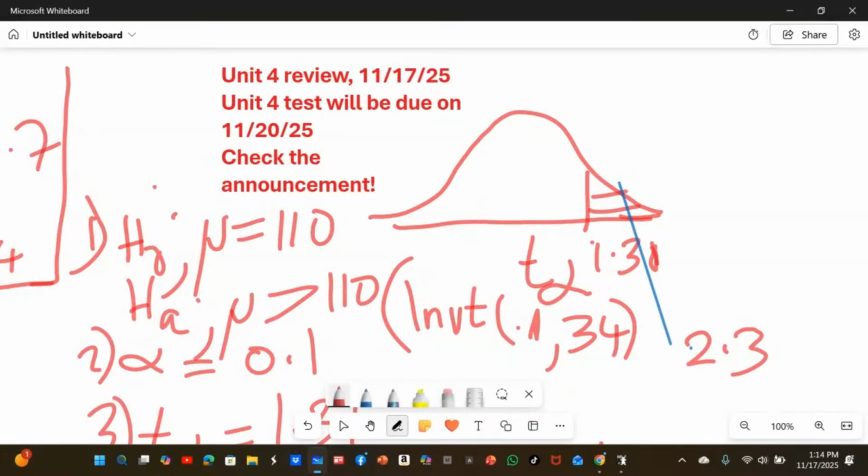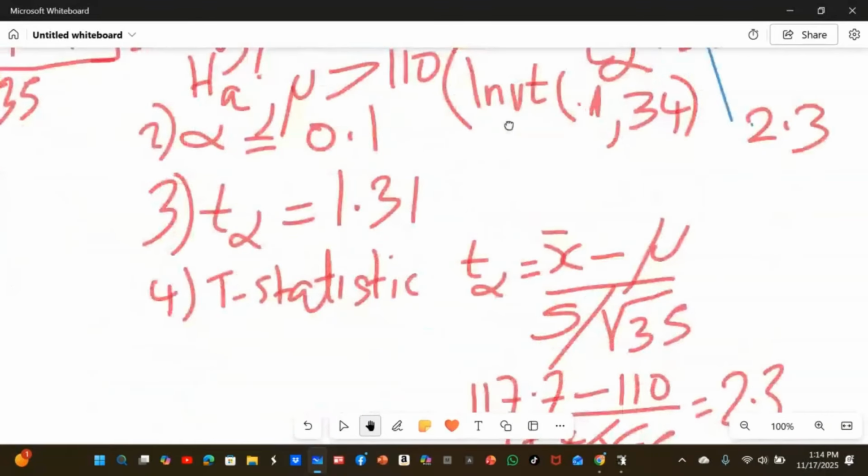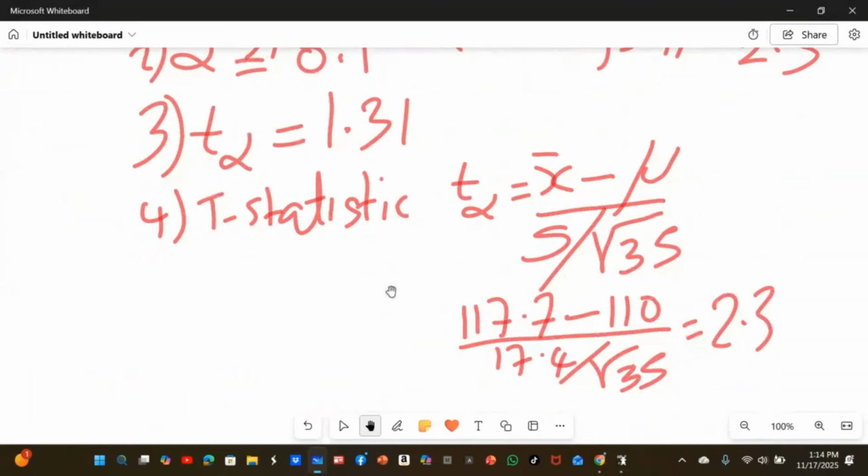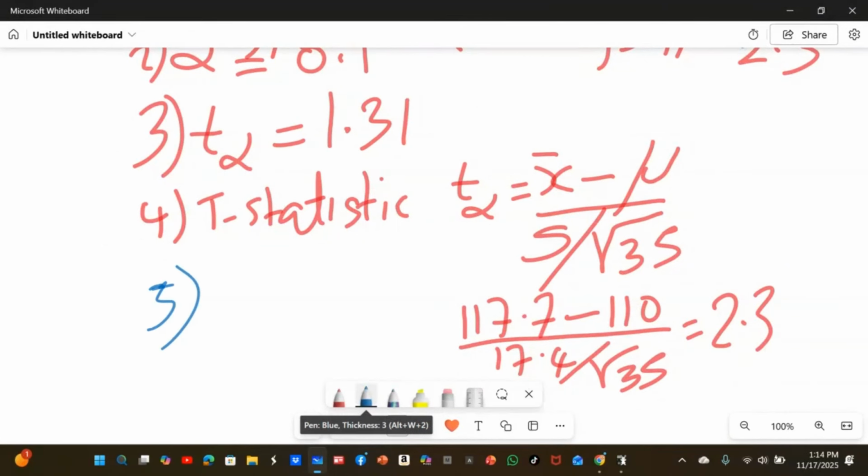Okay, so now it's time to make a decision with the test statistic. Now decision time. Step 5: the test statistic falls into the rejection region.